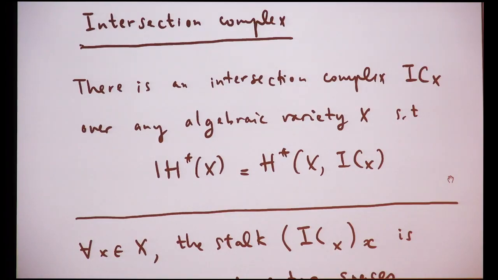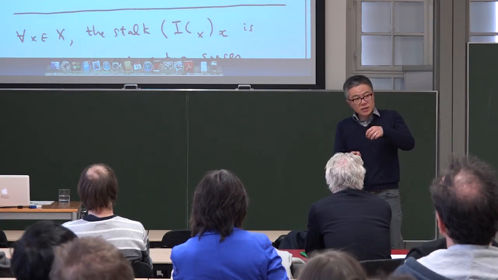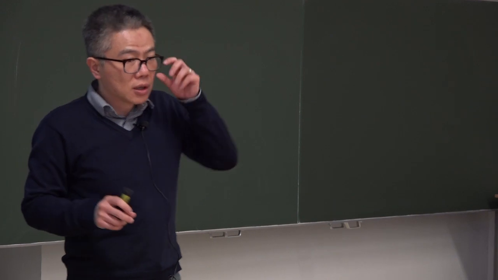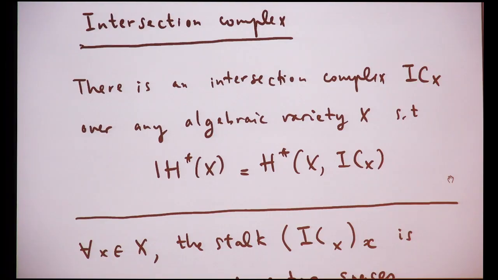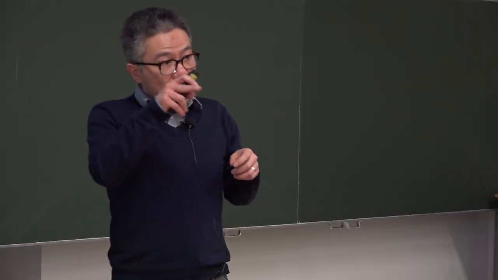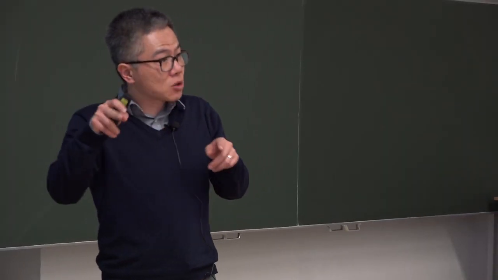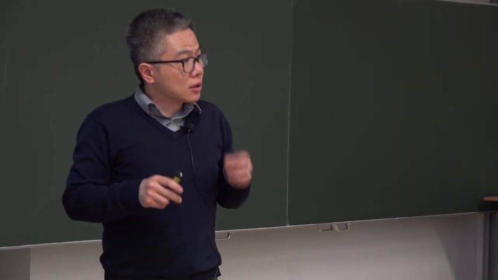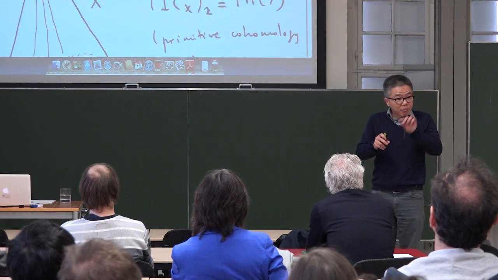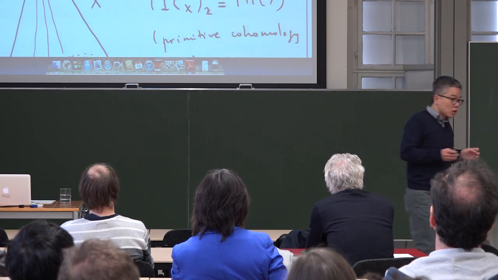But when you have singularities, then the stalk of the IC can be something complicated, just a bunch of vector spaces connected by differentials. And the first thing we do know is that the stalk only depends on the formal completion. So that's the ring C[[x,y]] formal series divided by x squared minus y cubed. So the isomorphism class of the stalk only depends on this ring.